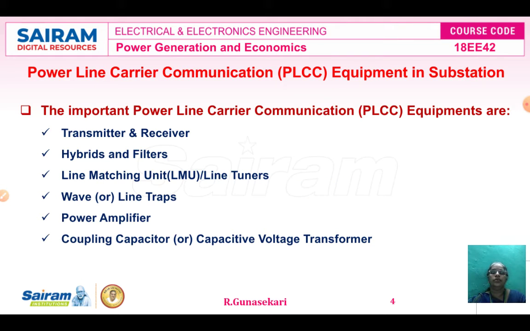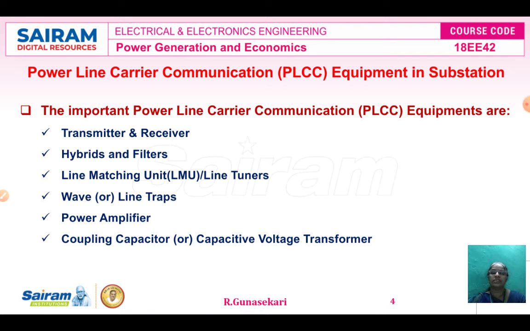Now we studied the important components of the power line carrier communication equipment. These are transmitters and receivers, hybrids and filters, line matching unit, abbreviated as LMU, or line tuners, wave traps or line traps, power amplifier, and coupling capacitor.